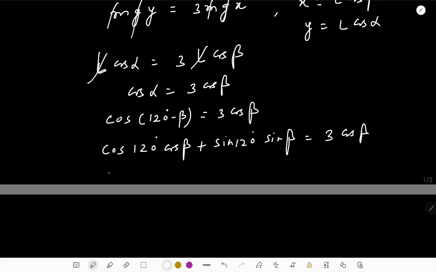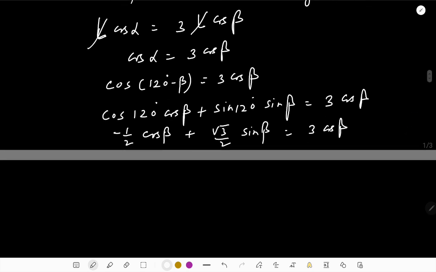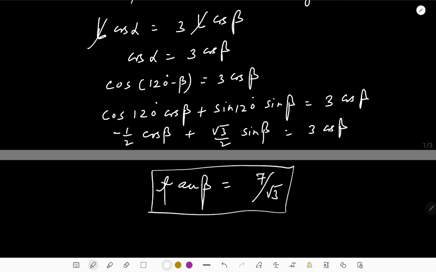So next is minus half cos beta plus root 3 by 2, which is sine 120 degrees, sine beta, equal to 3 cos beta. If we divide both sides by cos beta, we can get the value of tan beta, and tan beta is 7 upon root 3. I got something I needed.